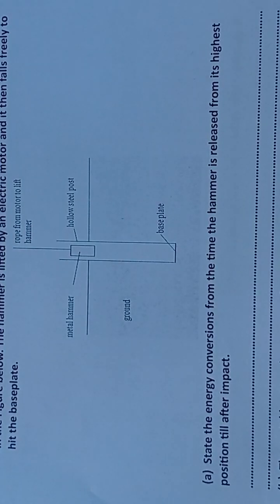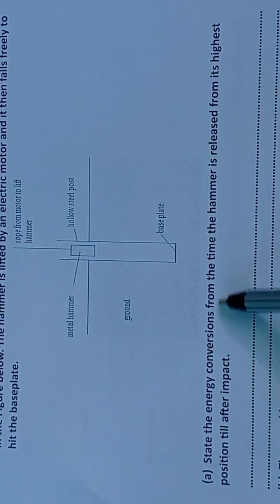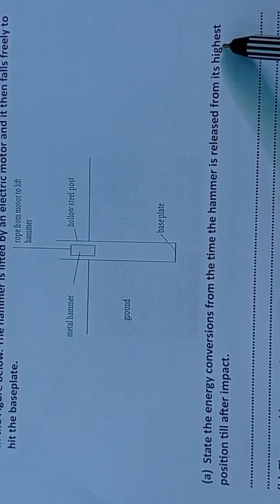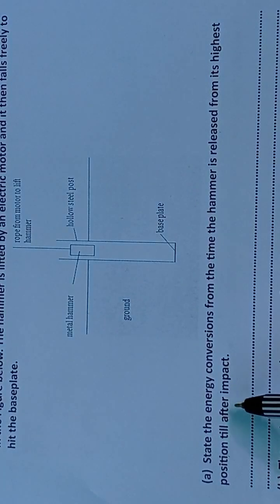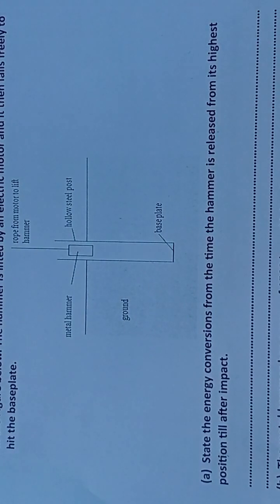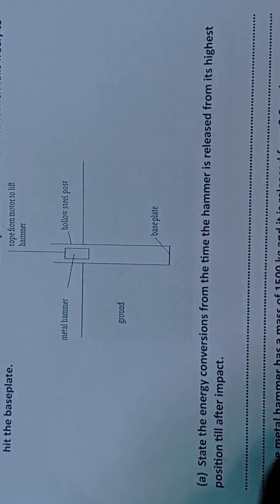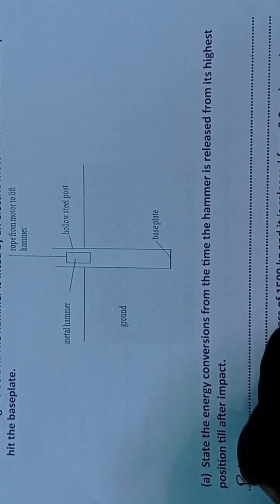Number 3A. Part A, state the energy conversions from the time the hammer is released from its highest position till after impact. So remember that before the hammer begins to move, it was possessing potential energy.